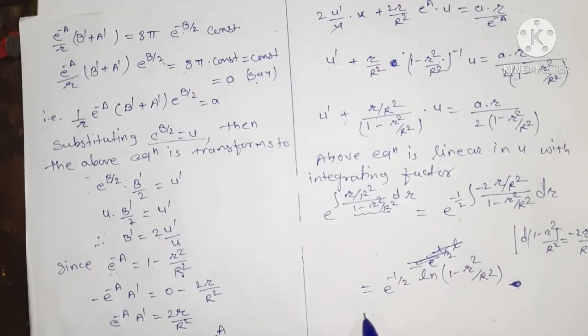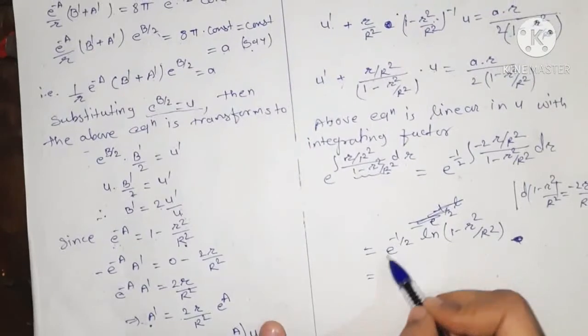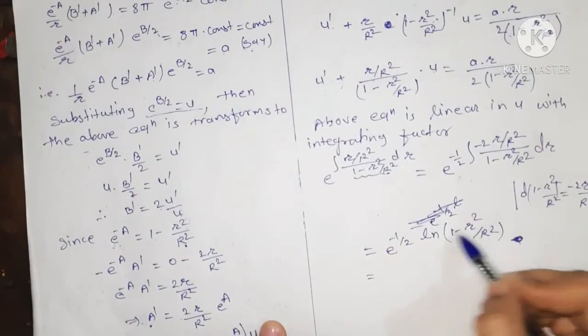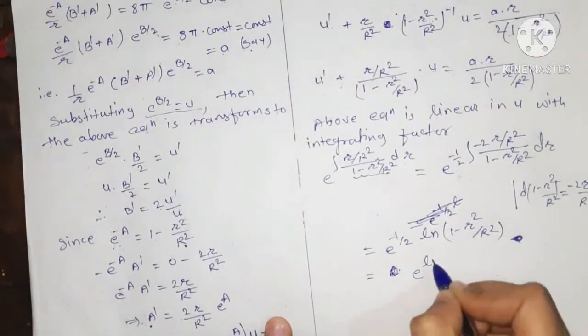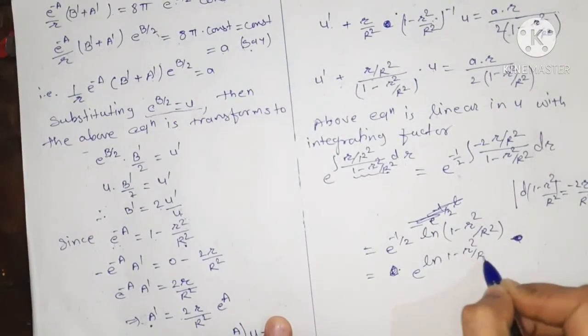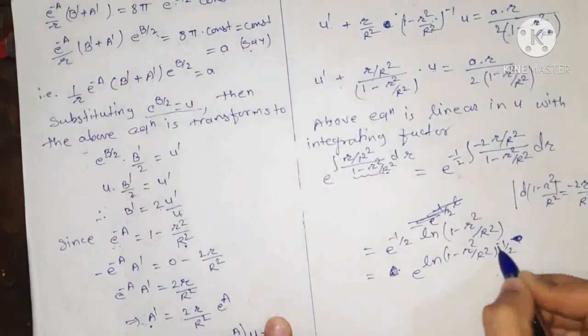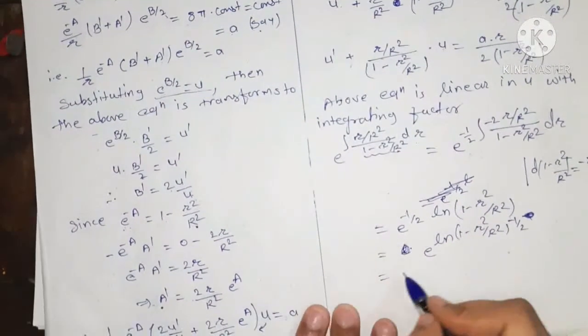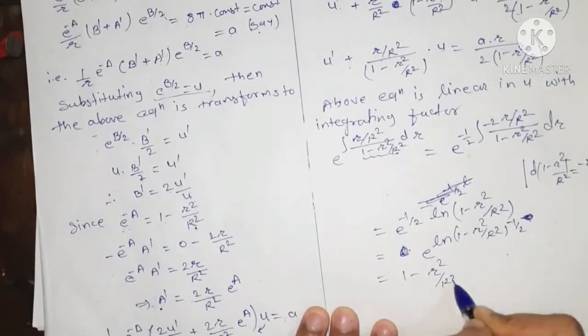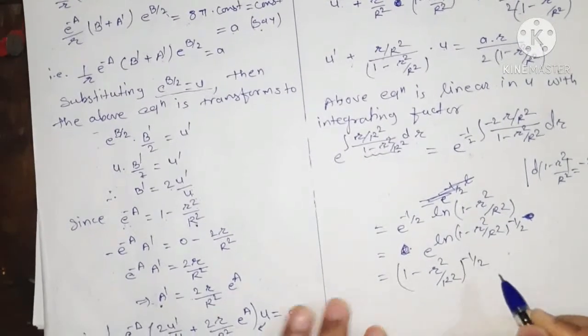Now we can take this minus half to the power of that, so e to the power log of 1 minus r square upon capital R square to the power minus half. Now log and exponential get cancelled. Therefore we have 1 minus r square upon capital R square to the power minus half.